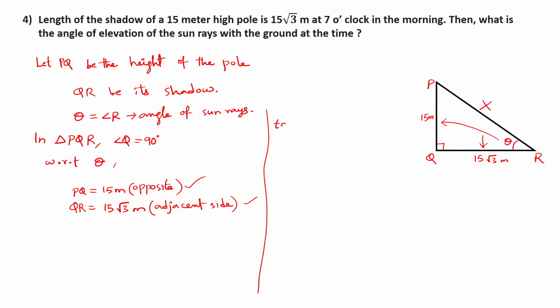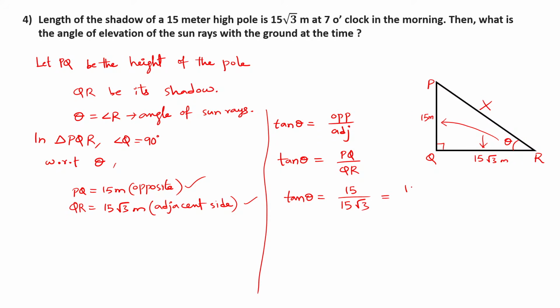It is nothing but the tan ratio. So tan theta is equal to opposite side by adjacent side. So substituting the values, we don't know theta, so write as it is. Now opposite side is PQ, adjacent side is QR. Substitute the values again. Tan theta is equal to PQ is 15, QR is 15 root 3.